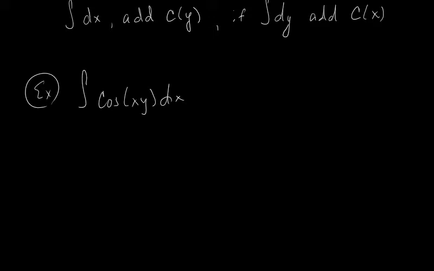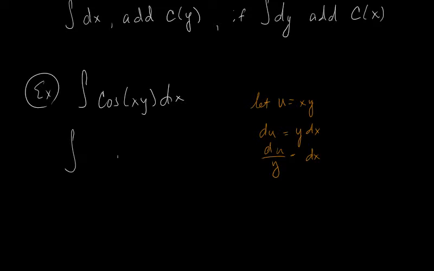This was a common error on the previous exam, so I want to make sure everyone sees what's going on here. I'm going to let u be equal to xy, then du is equal to y dx, which means dx is equal to du over y. Okay, I'm going to make the appropriate substitutions.